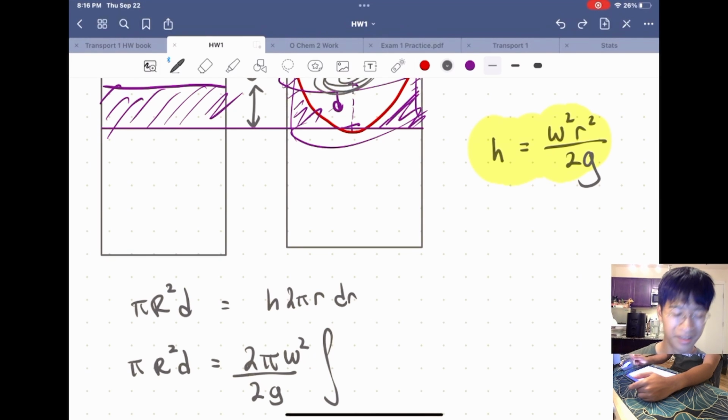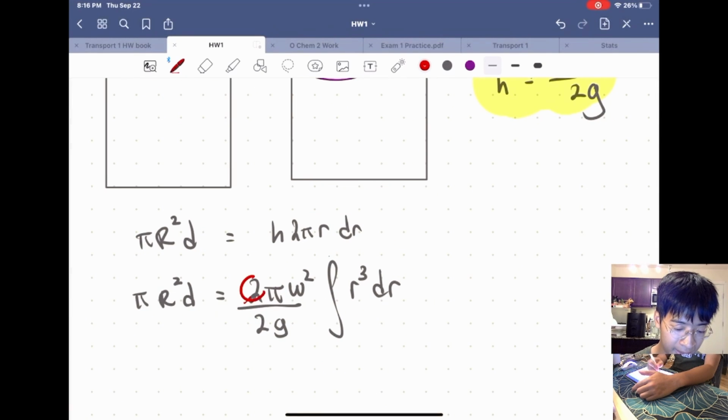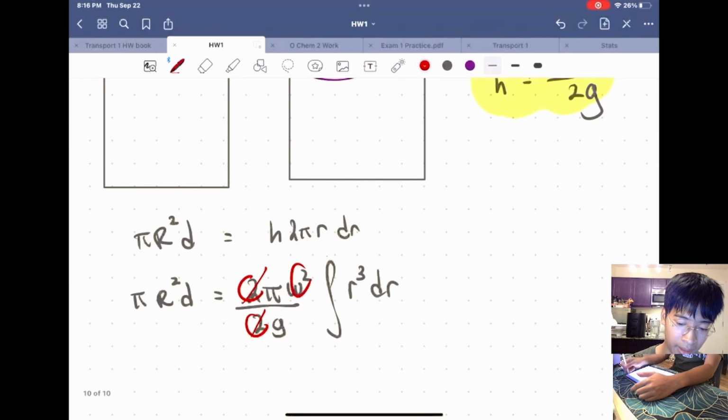Oh, no. I put myself into a trap. Multiplied by what? R times r squared is r cubed dr. This looks rather nice and convenient, and it's my favorite thing in the world because things cancel out.